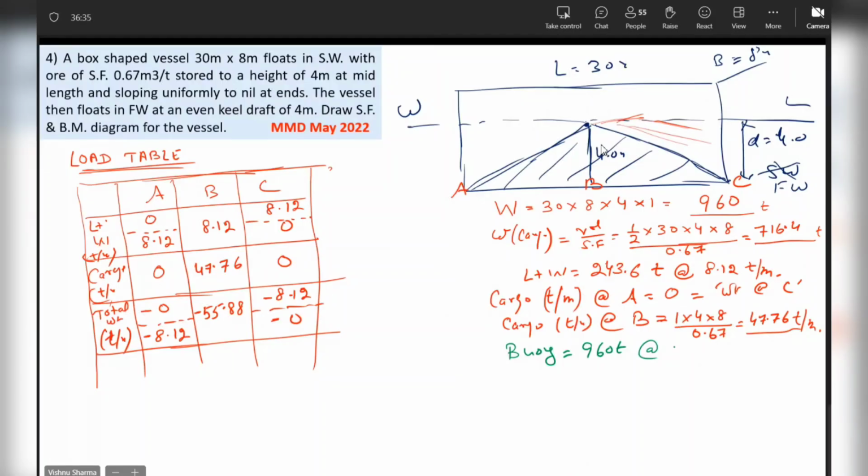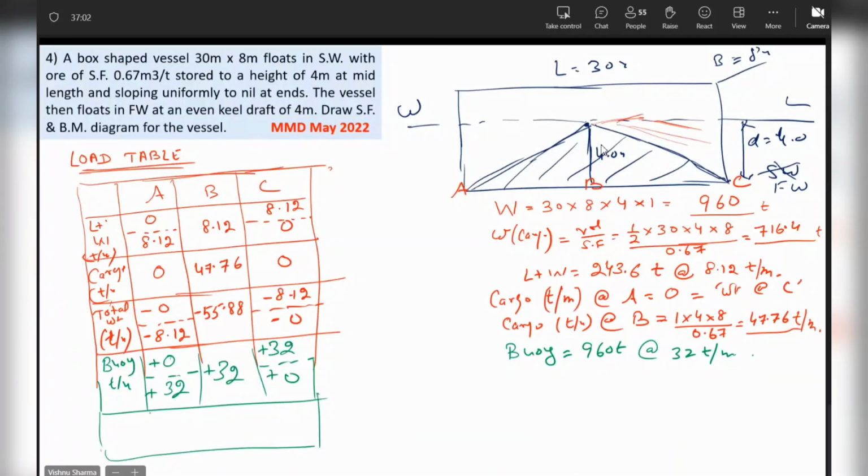So it will be 32 tons per meter. Now we have buoyancy in tons per meter. We divide the first and the last one into 2: 0, 32, 32, 32, 0. We suffix with a plus sign as done the other day.